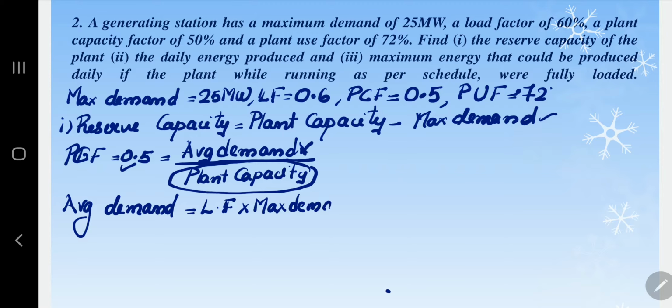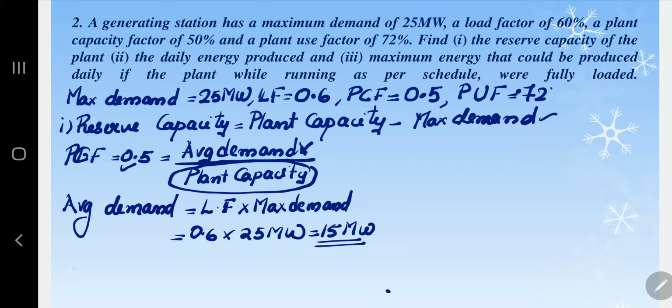So you can find the average demand from this equation. Load factor is given in the question as 0.6 and the maximum demand is given as 25 megawatts. So from this you can easily find the average load, and you will obtain it as 15 megawatt. It is a very simple calculation.